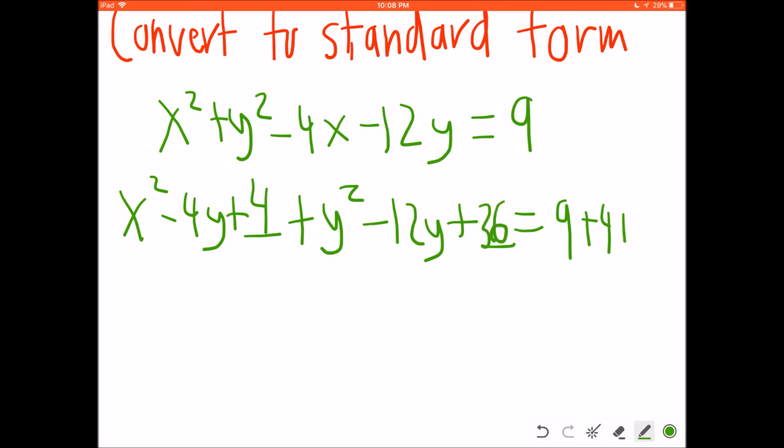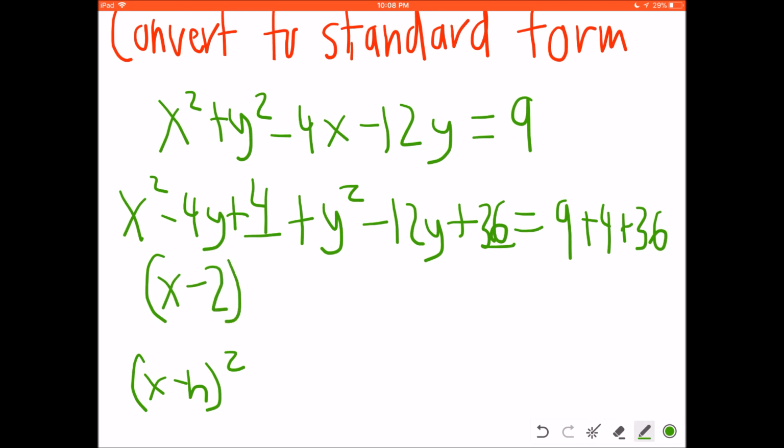So plus 36. And when you write it into your (x minus h) squared form, you do x minus whatever your -4 divided by 2 is. You don't square it. So it's (x minus 2) squared plus (y minus 6) squared equals 9 plus 4 plus 36, which equals 49.